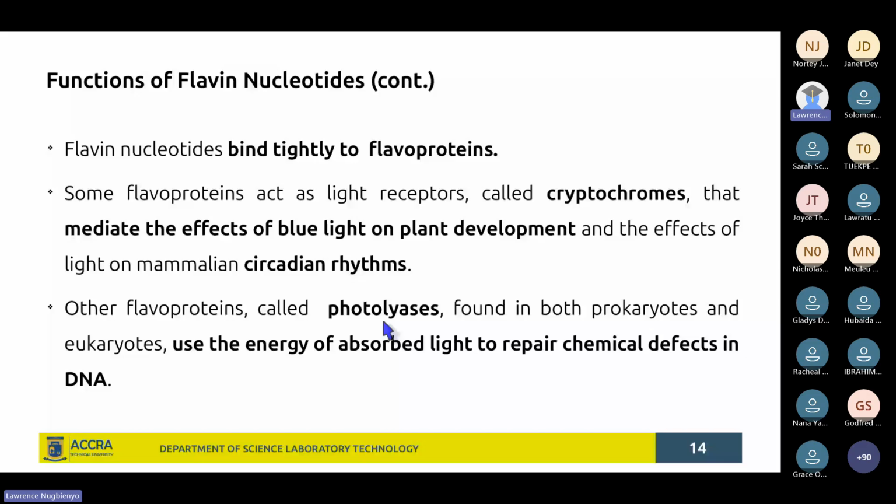And these actually react to light. You find these in prokaryotes and even some eukaryotes, which are involved in the repair of defects in nucleic acids like DNA. You find these flavoproteins active in those photolyases. That class of enzymes, you find the flavin nucleotide as a coenzyme for those enzymes.